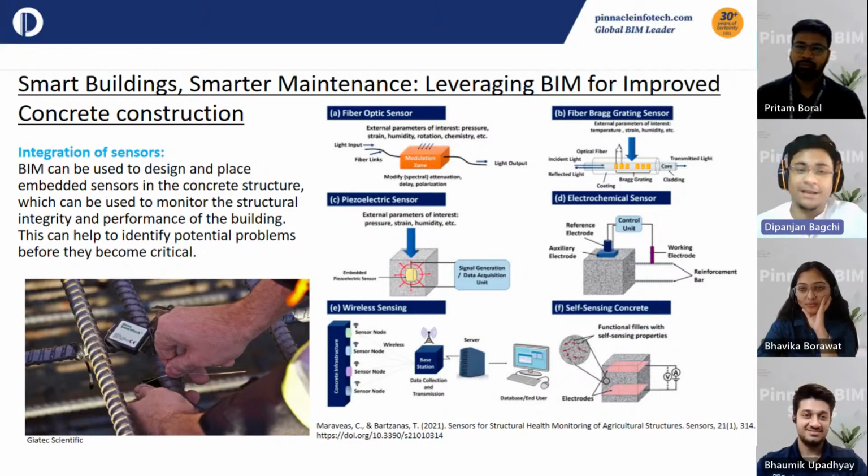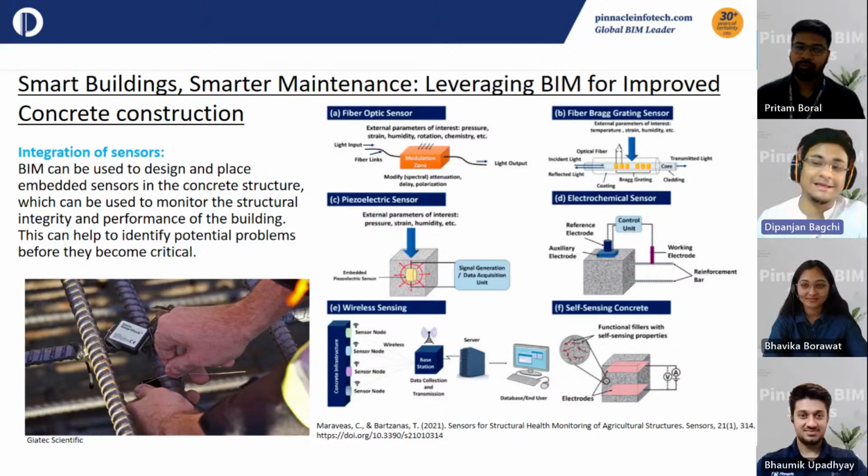By analyzing the 3D model, the designer can identify areas that are most prone to cracking, settling, or any structural issues, and place sensors in those areas to monitor potential problems before they become major. So that is how sensors are going to add value to our industry also.